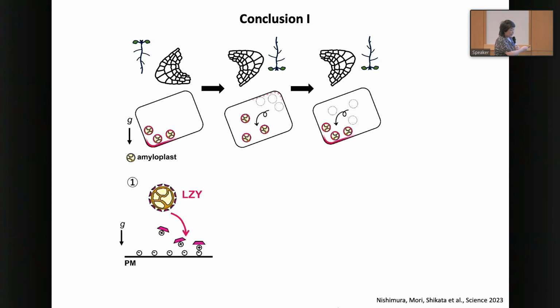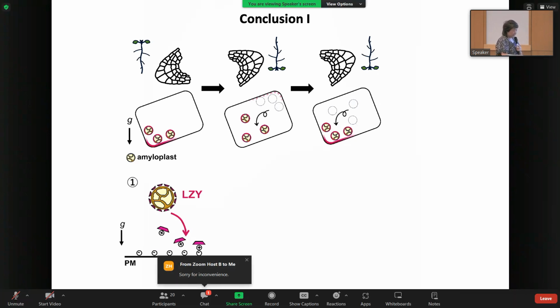In addition, the rapid disappearance of LZY from the plasma membrane distal to the amyloplast appears to allow gravity-responsive LZY polarity formation. Therefore, LZY acts as a signal molecule, transmitting positional information of the amyloplast, that is, the direction of gravity. Then, what does LZY polarized at the plasma membrane cause next?